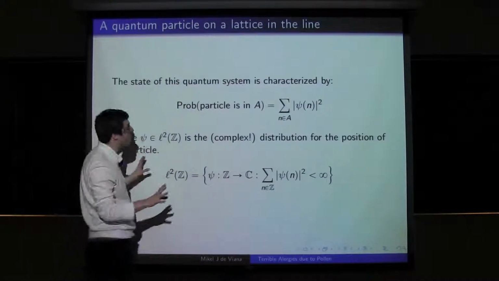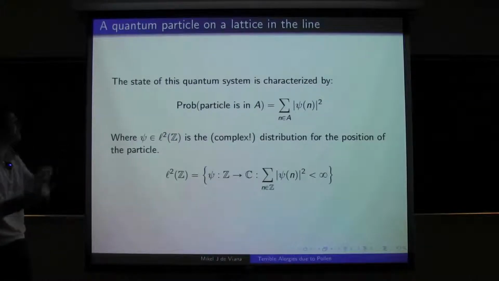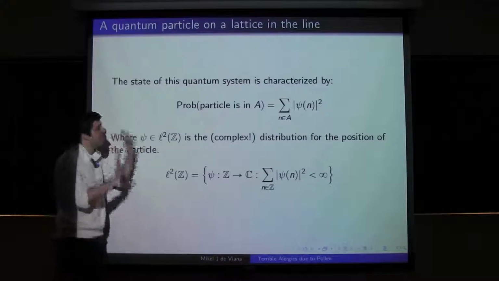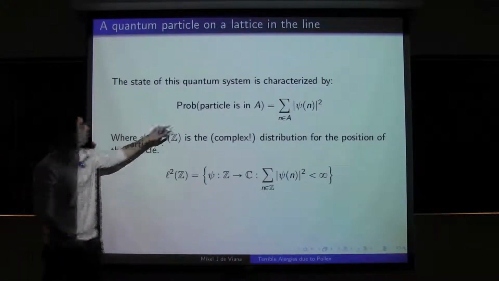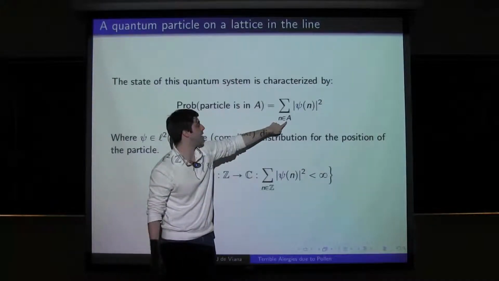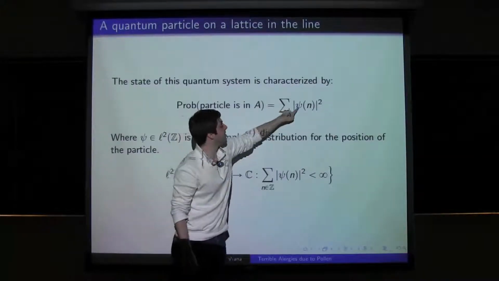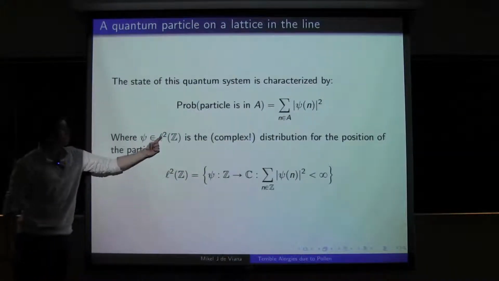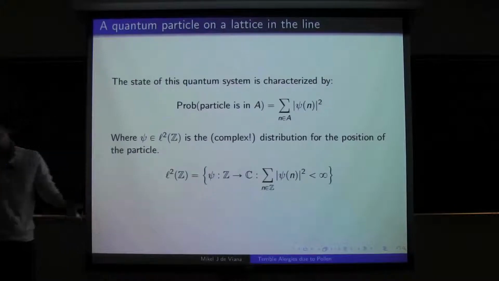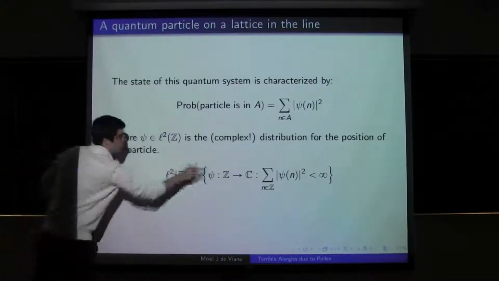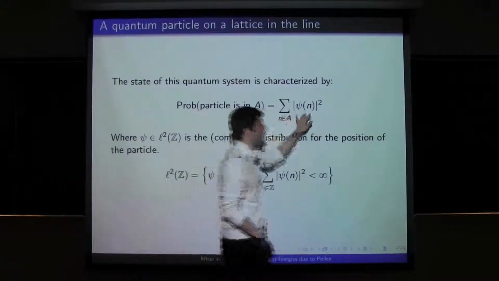I don't know anything about quantum mechanics, but what they say is that the system is characterized by the following. The probability that the particle is in some subset of the integers is the sum of the squared modulus of psi n, where psi belongs to the space L2 of Z. Well, L2 of Z, of course, is the set of square-summable sequences, okay? Which is what you have here. This is a complex number.